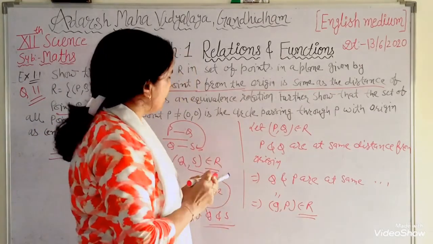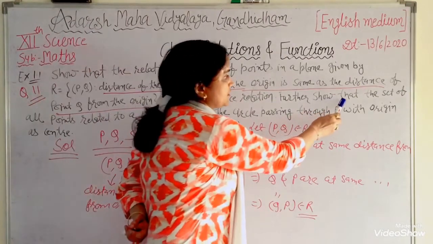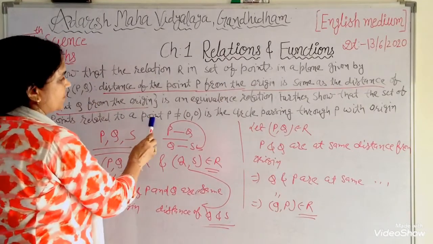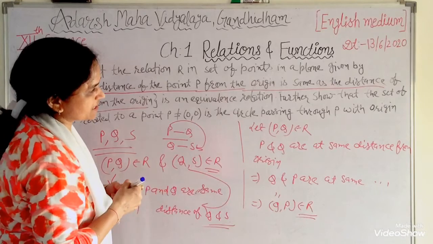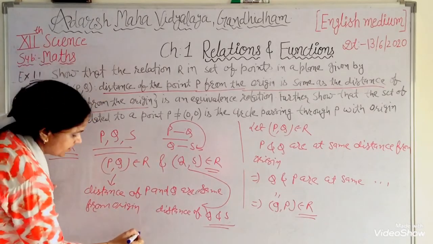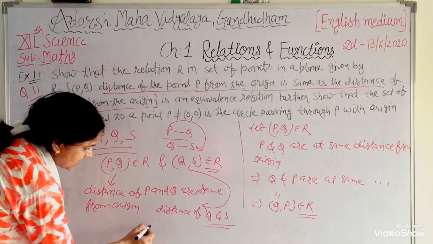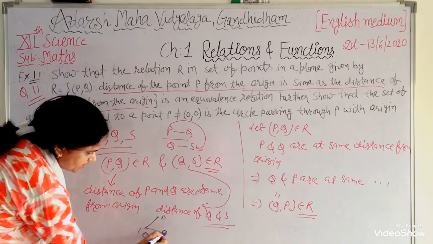Okay, student? And the next part is show that the set of all points related to a point P is a circle passing through P with origin as center. Okay. Suppose this is the center, student. Origin. And here P point from the origin. Q is also here, student.